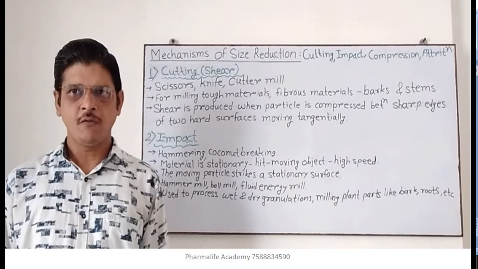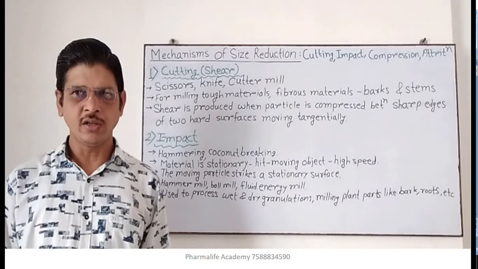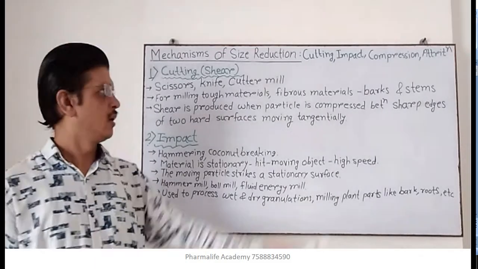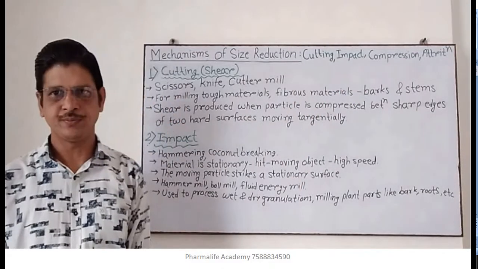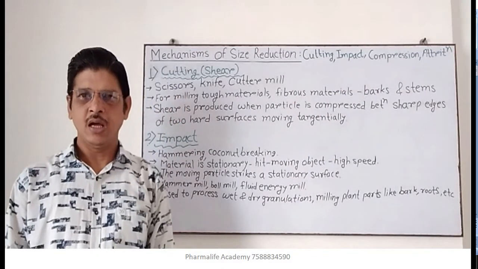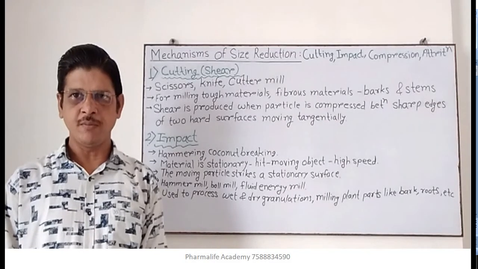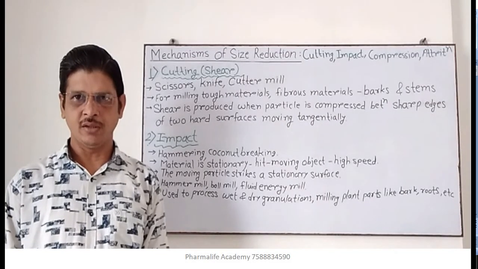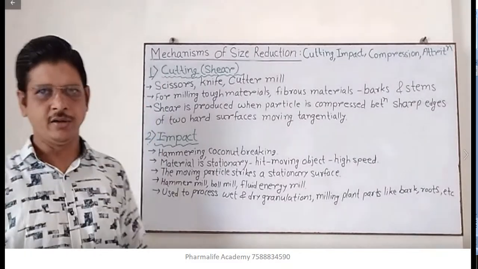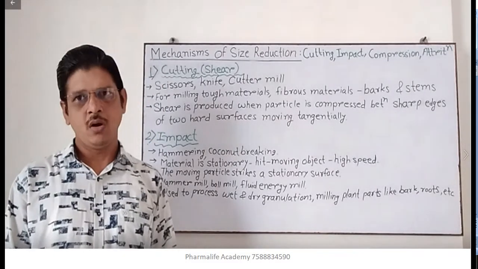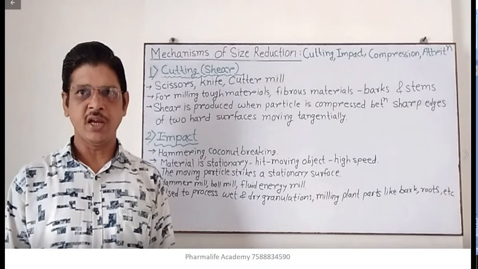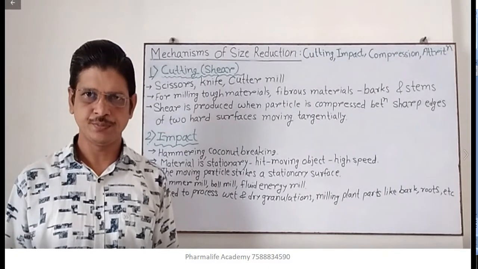Students, various mechanisms involved in size reduction are cutting, impact, compression, and attrition. Let's discuss these mechanisms one by one. First mechanism, cutting, that is shear. I know all of you know this mechanism of size reduction.